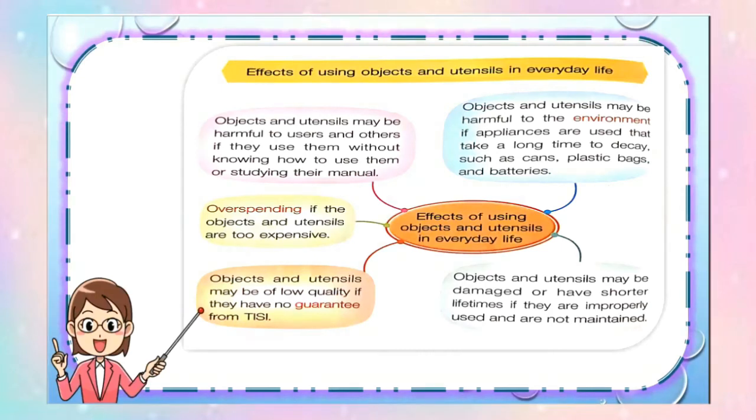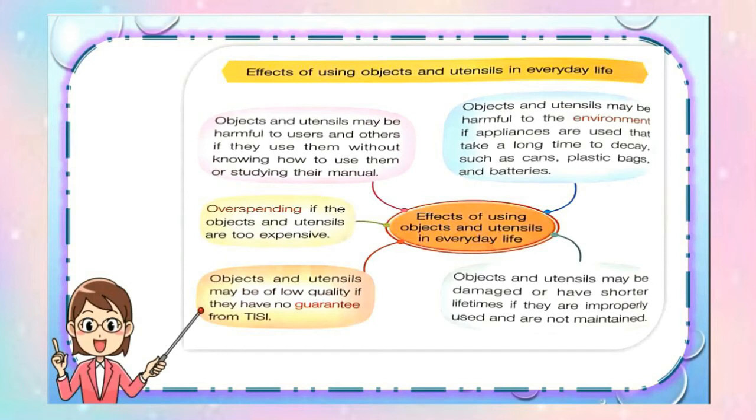So, effects of using objects and utensils in everyday life. What are the effects? Number 1. Objects and utensils may be harmful to users and others if they use them without knowing how to use them or studying their manual. That's why when you buy something new, we need to read the instructions first before using them.